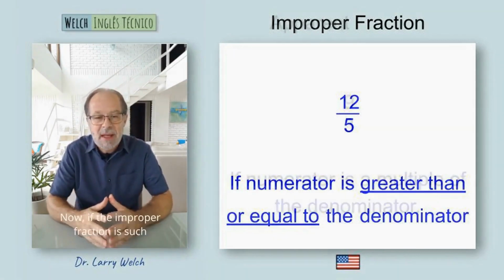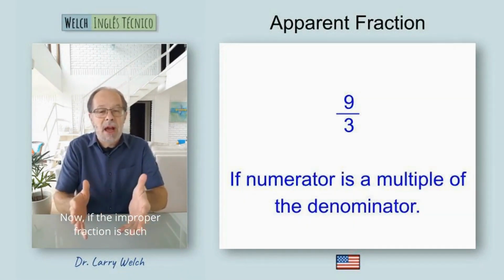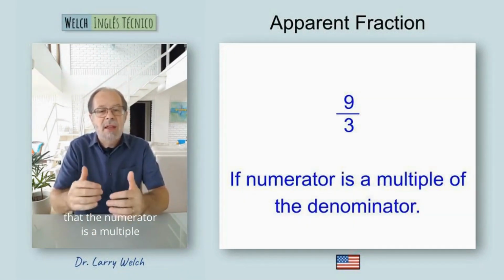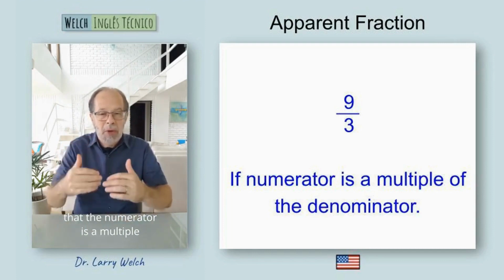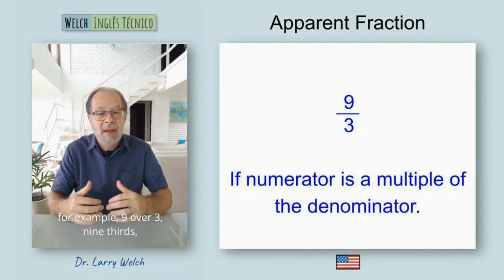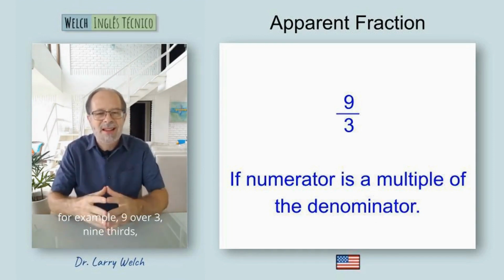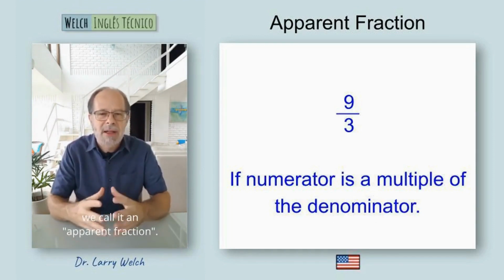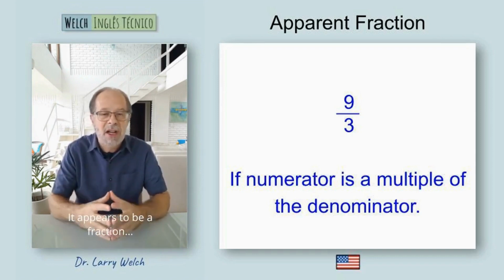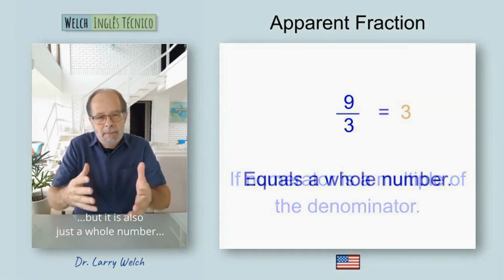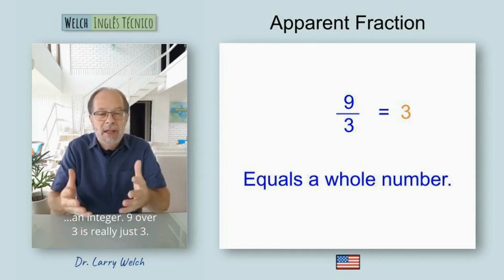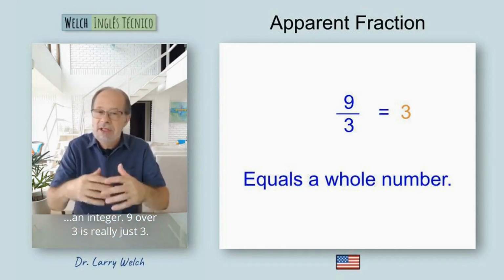Now, if the improper fraction is such that the numerator is a multiple of the denominator, for example, 9/3, we call it an apparent fraction. It appears to be a fraction, but it is also just a whole number, an integer. 9/3 is really just 3.